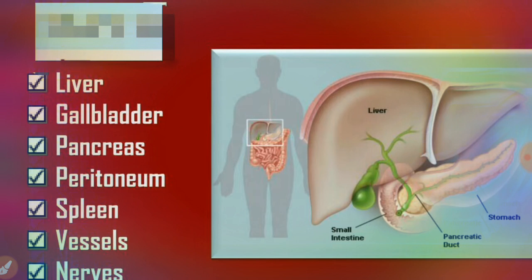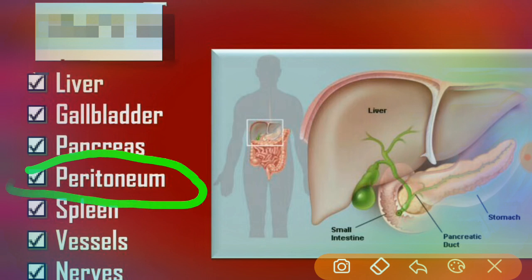We discuss the anatomy and physiology of each organ that comes under the gastrointestinal tract. Today we are going to discuss the peritoneum, the fourth organ coming under the gastrointestinal tract.